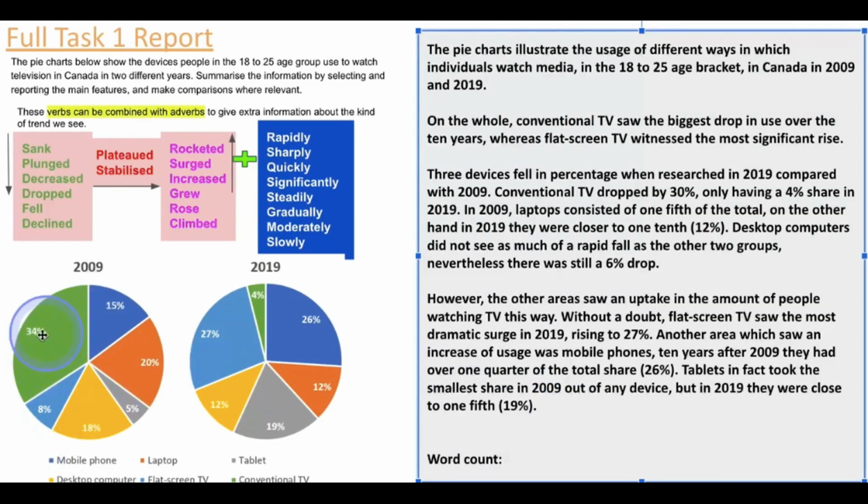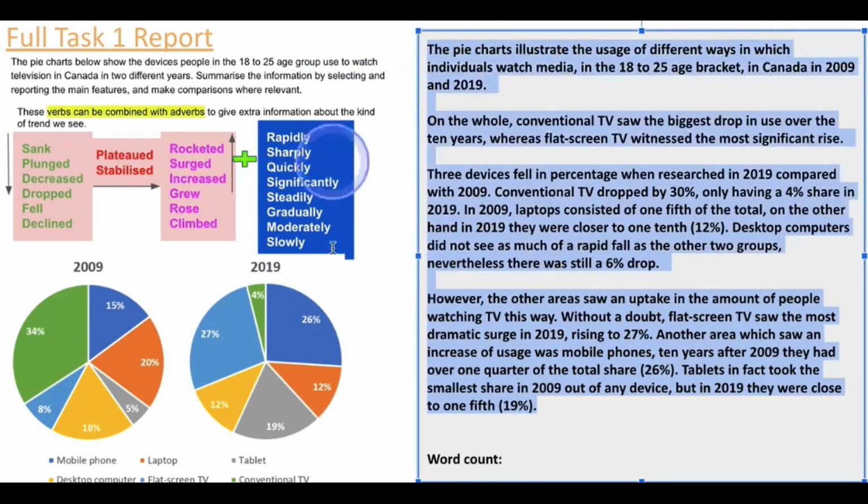Okay then, so you can see how we have tried not to repeat ourselves. You can fall into a trap here of stating every statistic and number, but we're being careful not to do that, and we're saying things in a bit of a creative way as to not repeat ourselves. So let's check the word count for this one.